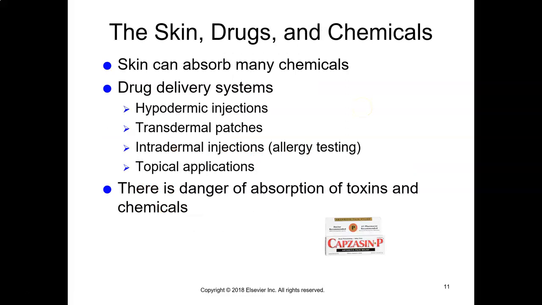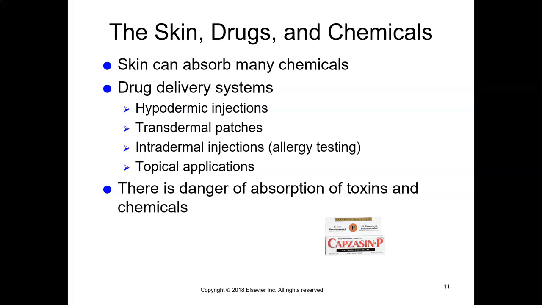The skin can absorb many chemicals, and so we have topical medications for that very reason. And you can give medications through the skin in hypodermic injections or IM injections, through transdermal patches, meaning patches that you put on the skin, through intradermal injections like allergy testing.